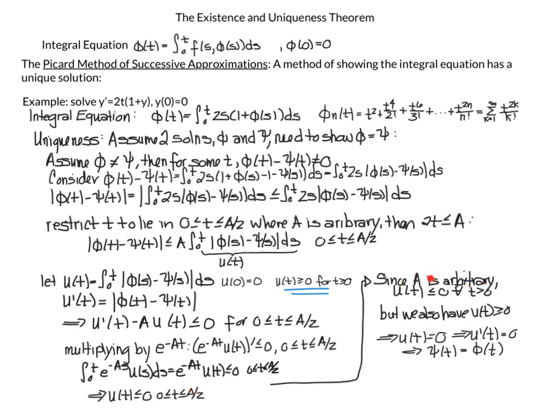But a is arbitrary, so u of t is less than or equal to 0 for all t greater than 0. That would imply that the derivative of u of t is also equal to 0, and looking at that definition, setting this equal to 0 implies that phi of t is equal to psi of t, and we are done.